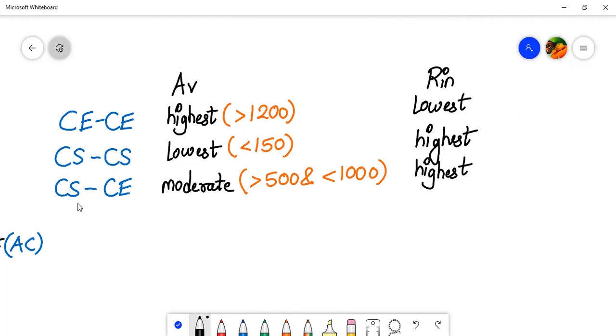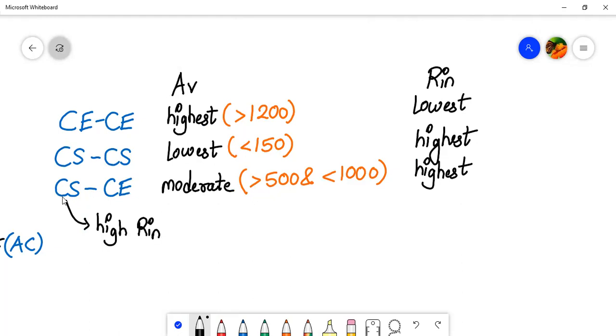Now why is it high? Because in case of a voltage amplifier, right, we are building up a voltage amplifier, a cascade amplifier. Why do we cascade stages? So that we get a gain greater than 1000. And why do we connect common source first in the common source common emitter? The reason is that common source will provide high R in if we connect it first.